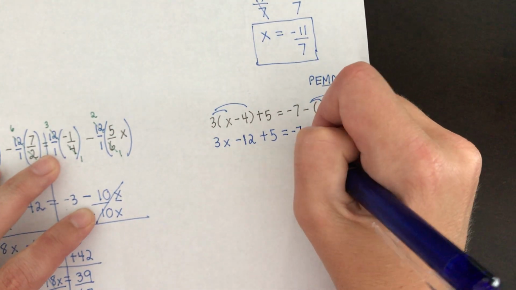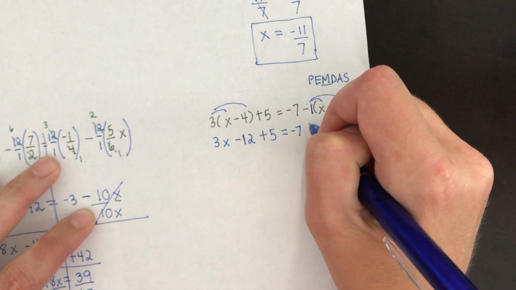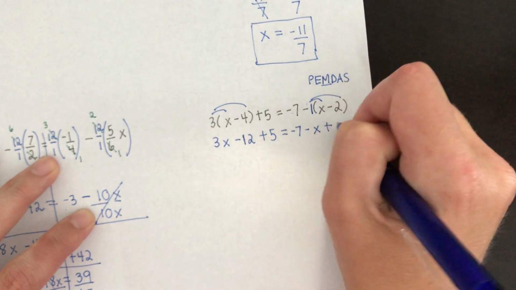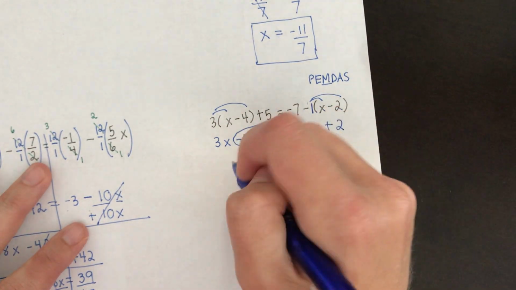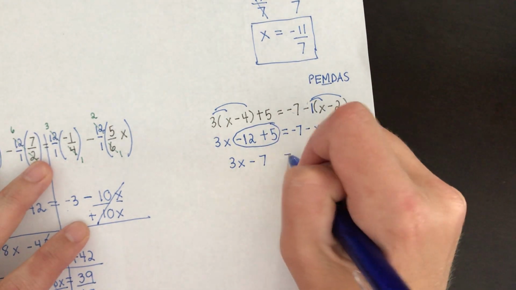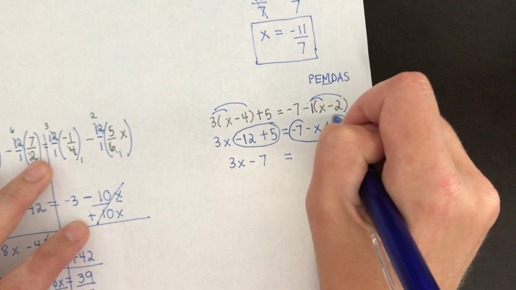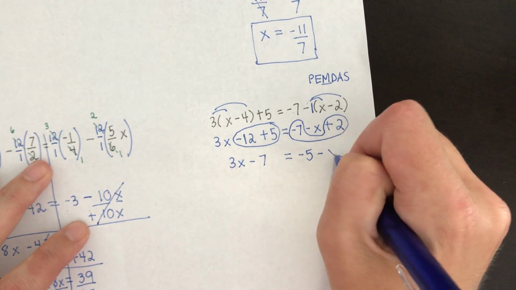It just drags down because you can't add or subtract until you get rid of this negative 1 multiplying here. So negative x plus 2. Then I can combine some like terms on each side. So here I've got 3x minus 7 equals, here I can combine these like terms. That's going to give me negative 5 minus x.